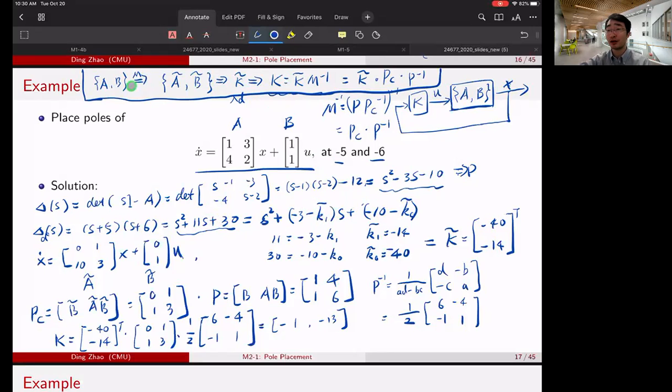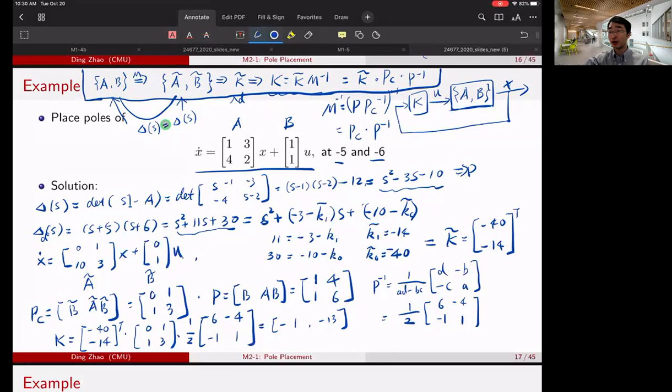By the way, remember that this delta function, the characteristic polynomial, with the similarity transformation is the same, because similarity transformation doesn't change the poles. It only changes how it represents the system, it doesn't change the system. That's called similarity transformation.